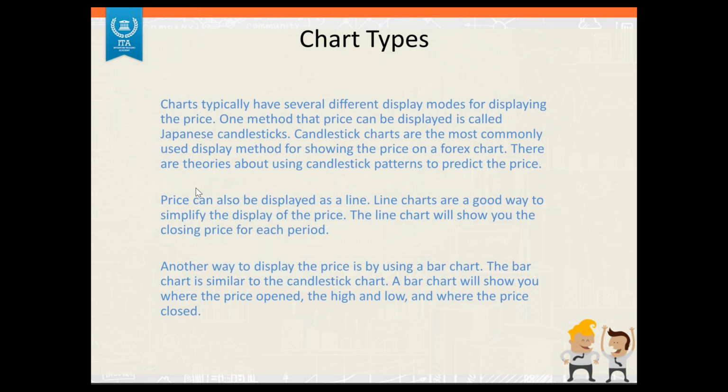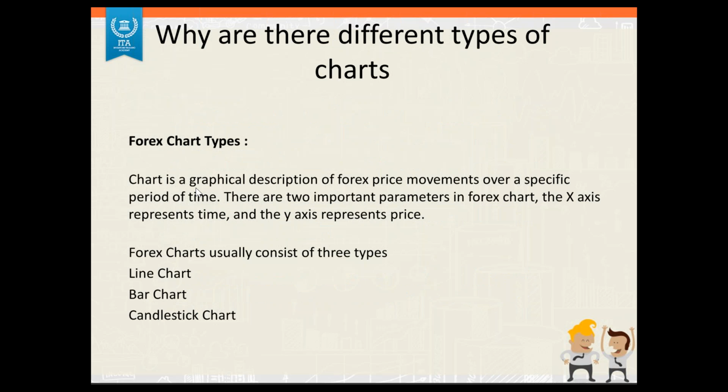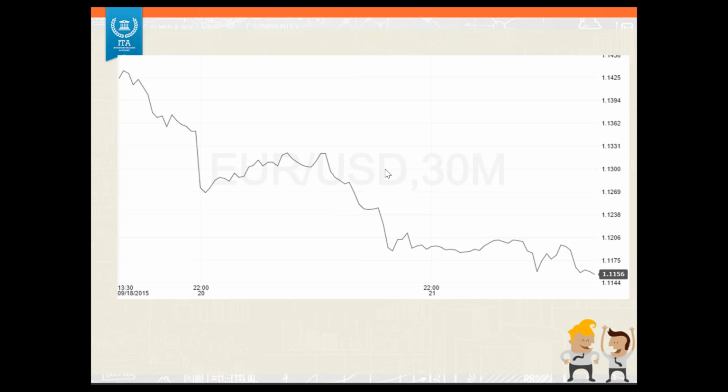So there are three primary types of charts. There's all kinds of offshoots, all kinds of odd things out there. But we have basically a line chart, a bar chart, and a candlestick chart. Now, candlesticks are the buzzword in the retail Forex markets, and you're going to think tonight that I'm very negative on candlestick charts.